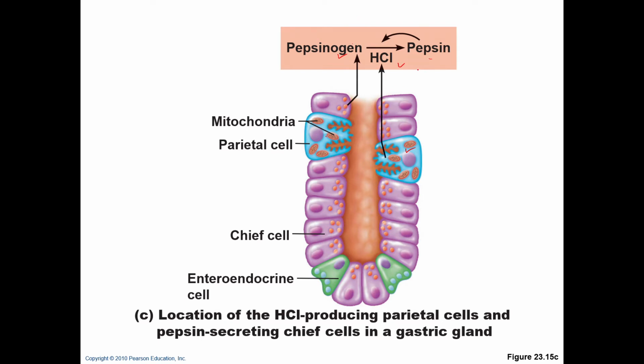Then what happens? Pepsin itself converts the pepsinogen to pepsin. So hydrochloric acid converts pepsinogen to pepsin, then the activated pepsin works on pepsinogen to convert it to more pepsin.